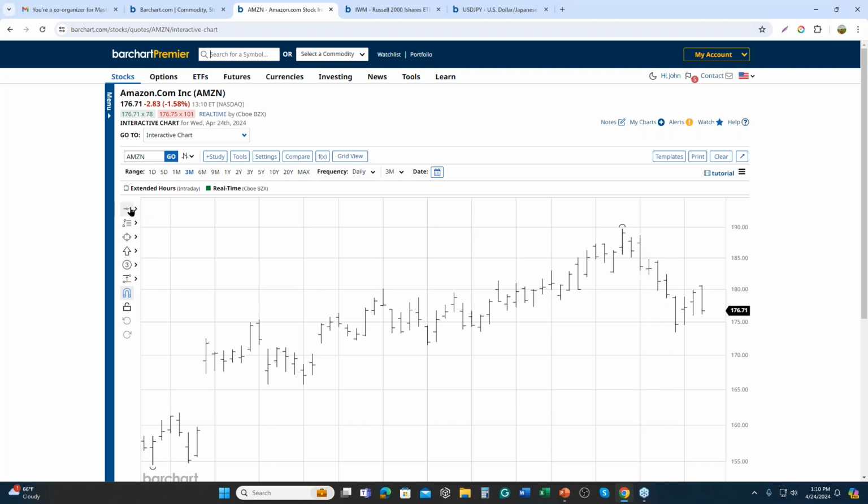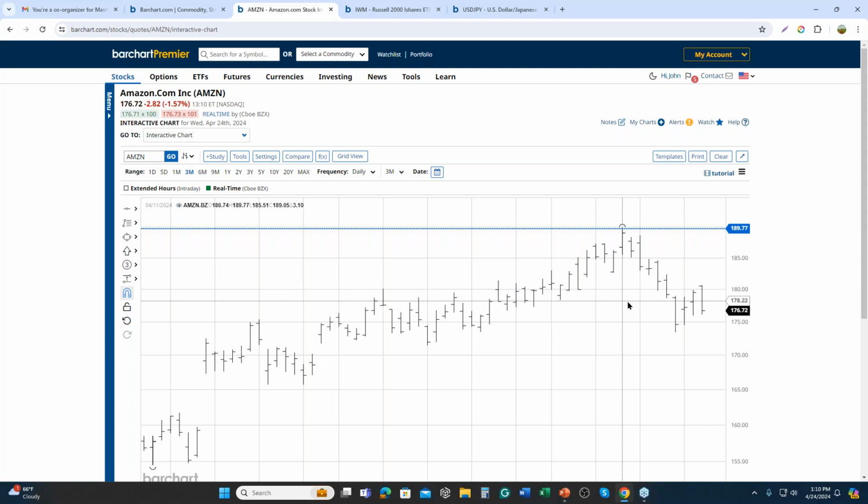So what I always like to do is start with the highest high. And then from that point, I want to try to collect as many endpoints, in other words, closing prices or highs or lows, relative to the zone that I'm creating.